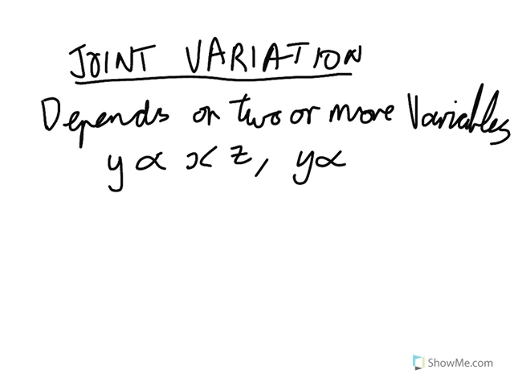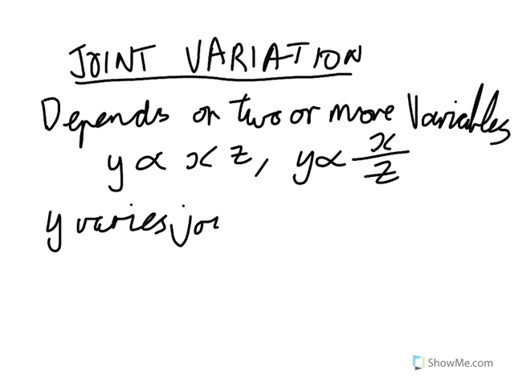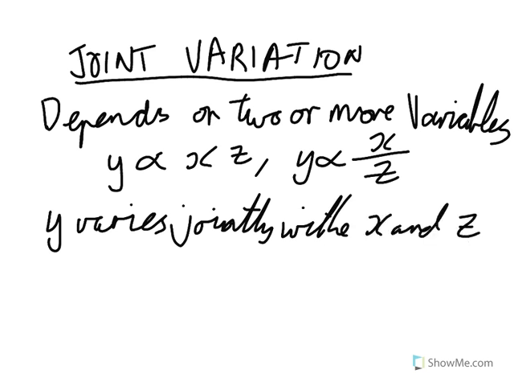It could be joint variation in the form of x over z, for example. So that would also be joint variation. In words, for example, y varies jointly with x and z.